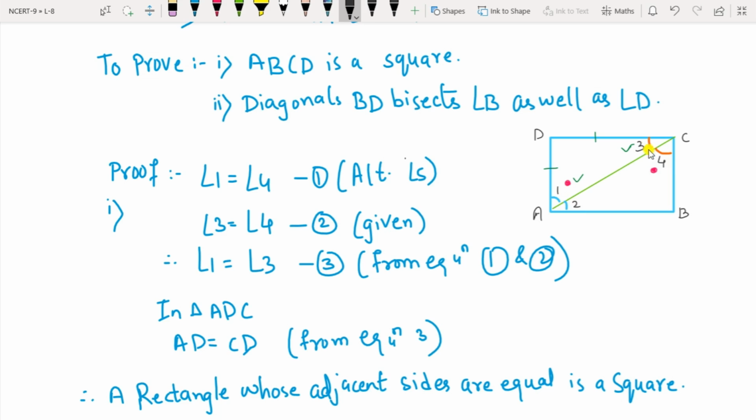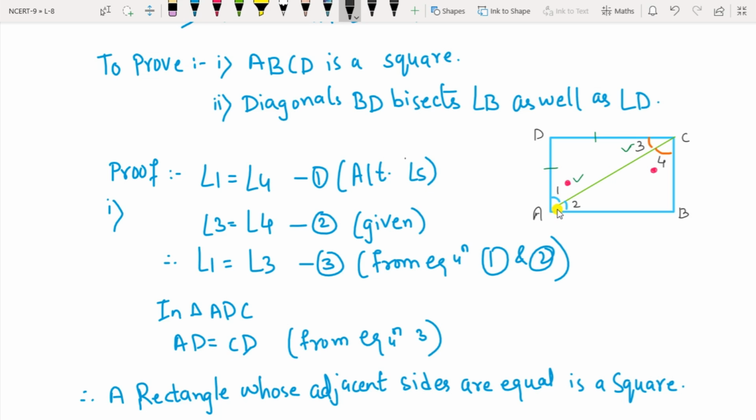And therefore 3 will be equal to 4, and therefore 1 will be equal to 3. Okay, so we have taken equations 1, 2, 3. Now consider triangle ADC here. Here AD equals CD, since 1 equals 3. And a rectangle whose adjacent sides are equal will be a square.